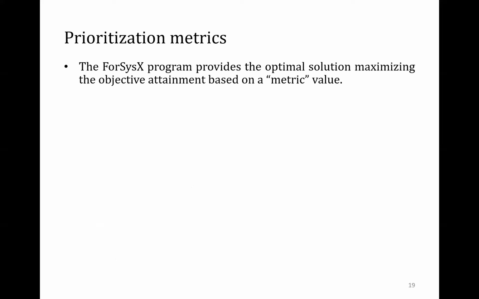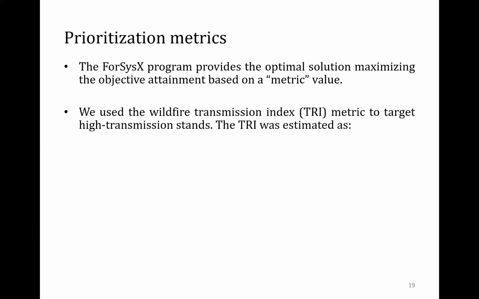I am going to emphasize a little more the prioritization metrics, because the program provides the optimal solution, maximizing the objective attainment based on stand-level metric values. In this study, we use a metric called the wildfire transmission index to target the high transmission stands.